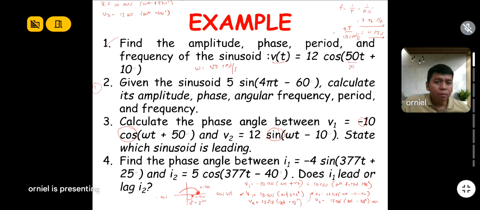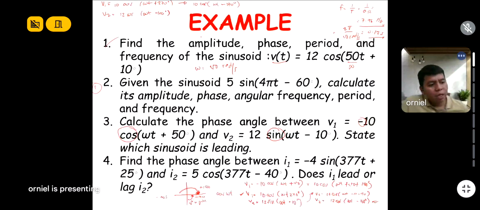by trigonometry, V1 is the same as 10 cosine omega t minus 130 degrees. By trigonometric identity, they are the same.